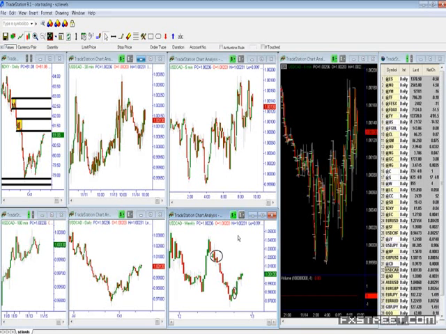So let's drill down and find some levels inside there. When we come down to, notice I said areas of interest. Okay.